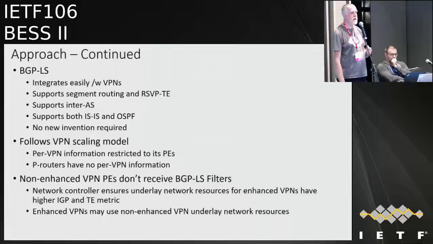We get everything of the traditional VPN scaling out of this, so that the per VPN information is kept out of the core, and non-enhanced VPNs just don't get this filter information and just go on operating as usual, and sharing resources in the core.